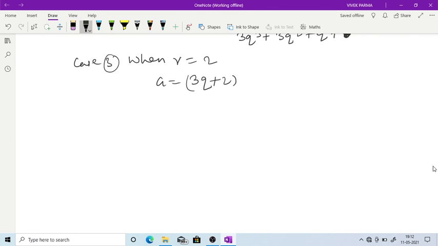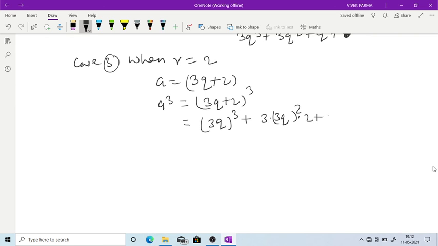Sorry, on cubing both sides we have a cube equals 3q plus 2 the whole cube, right? Now we have 3q the whole cube plus 3 into 3q the whole square into 2 plus 3 into 3q into 2 square plus 2 the whole cube, right?